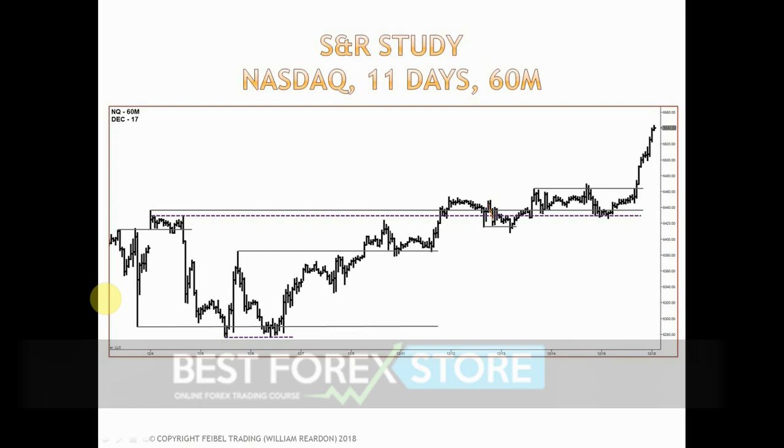We come back down, we test for supply, resistance holds, we come back down. Say resistance holds on these 2 little bars here. Come back down, flush, the spring that we spoke about a minute ago, and as we rally up, we hold here, and we hold all along here.